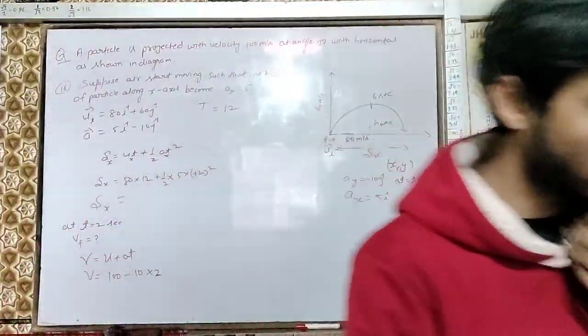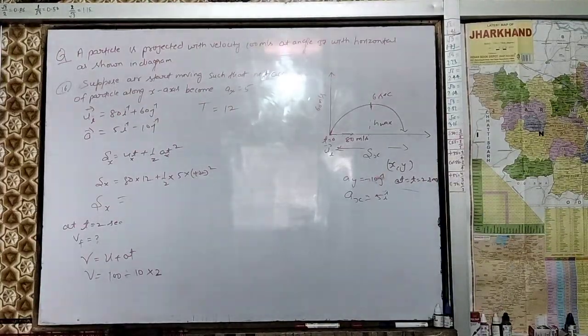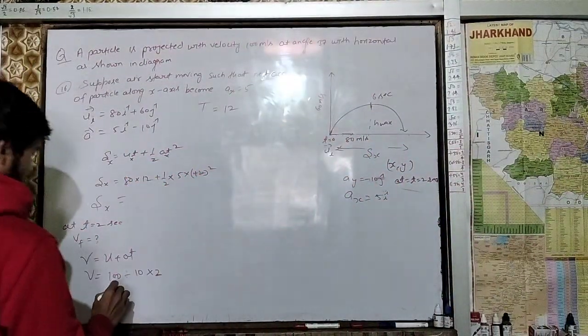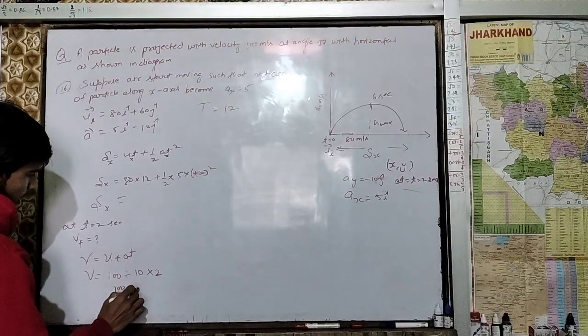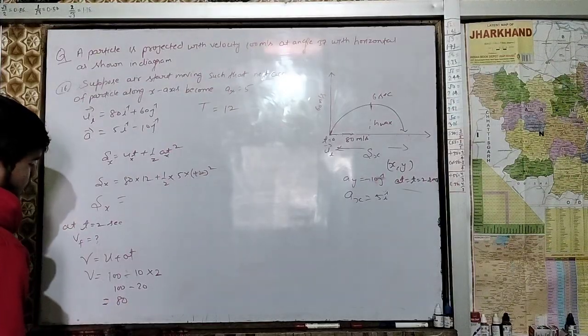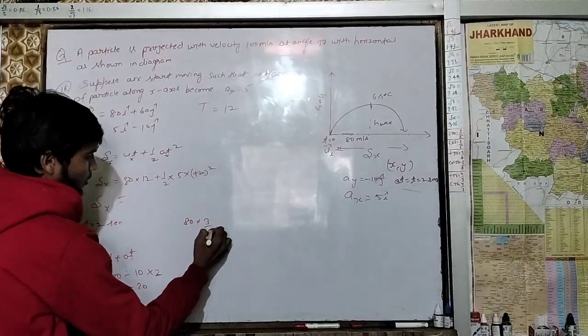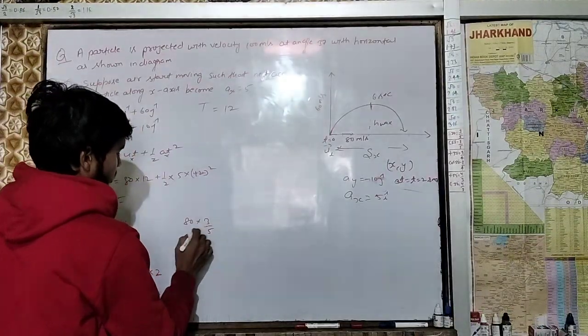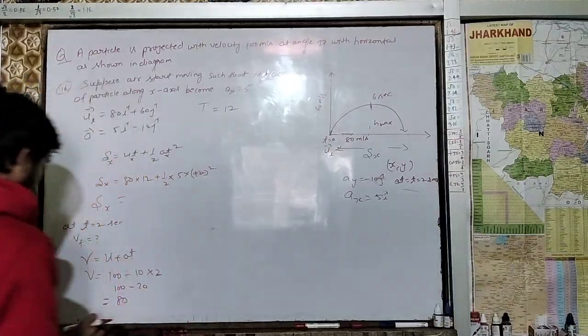So our final velocity will become 100 minus 20. This is 80. So 80 multiplied by 3 by 5.